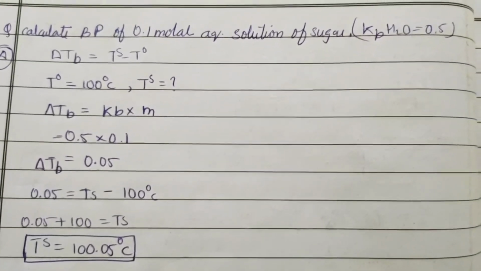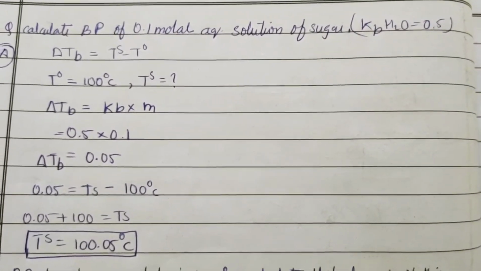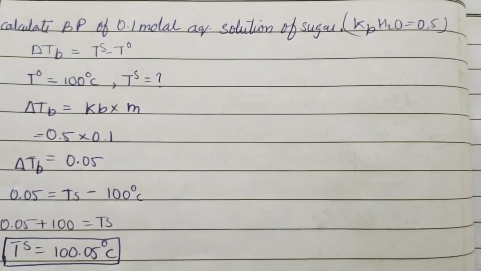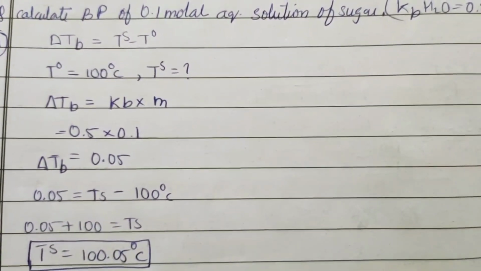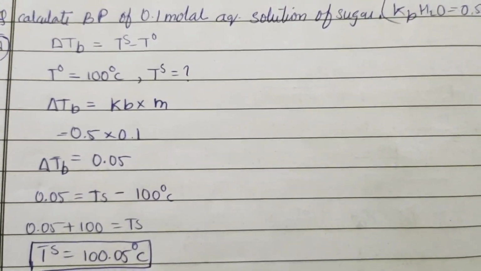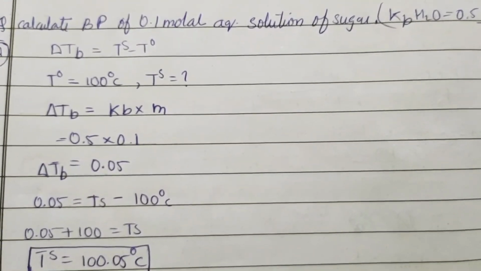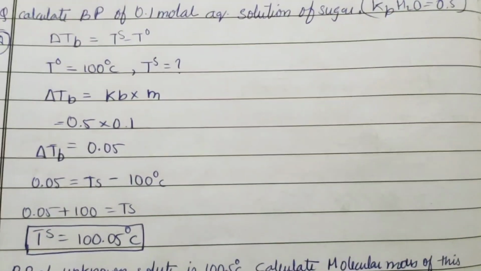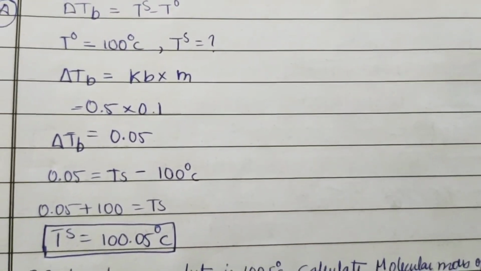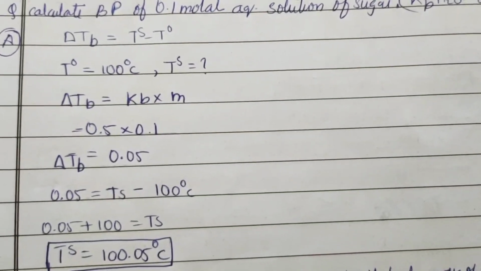Example problem: calculate the boiling point of 0.1 molal aqueous solution of sugar where Kb of H2O is 0.5. So delta TB equal to Ts minus T naught. Here T naught equal to 100 degrees Celsius, as we know the boiling point of water, and Ts we have to find. So delta TB equal to Kb into m.